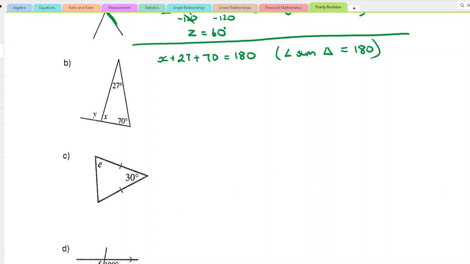Before you solve the equation, you need to add the 27 and the 70 together. 27 plus 70 makes 97. Then we do our opposite by subtracting off the 97, and we get x is equal to 83.